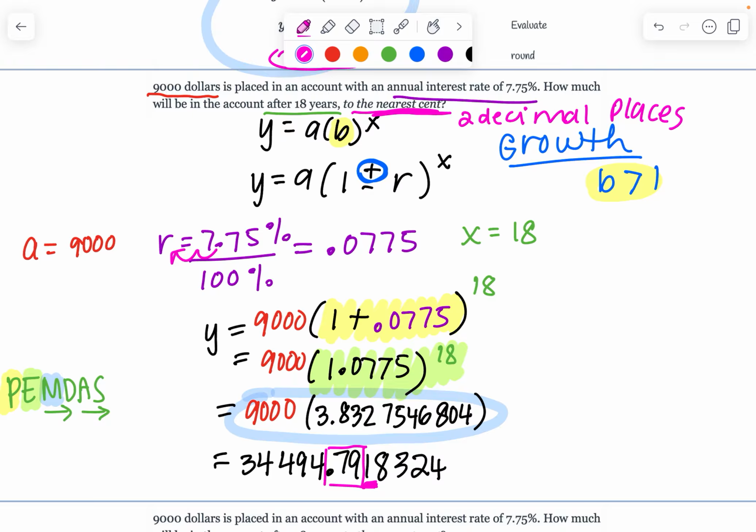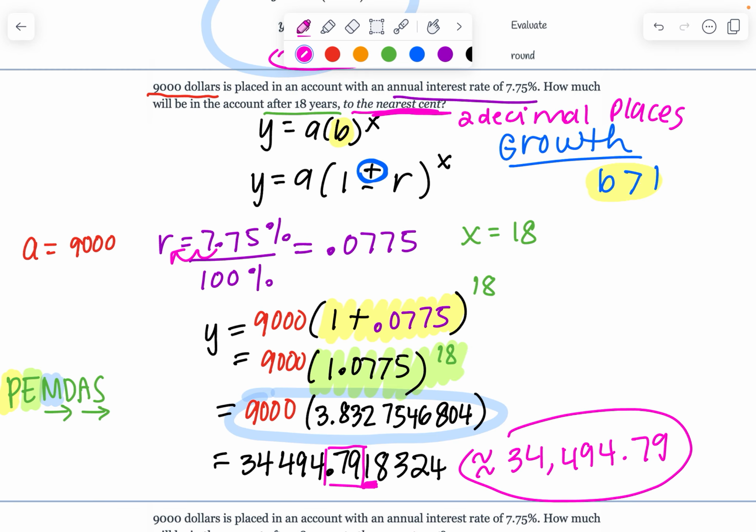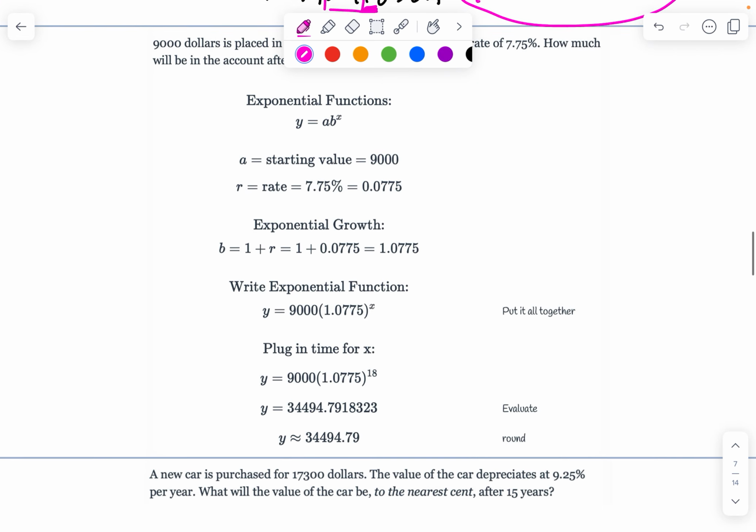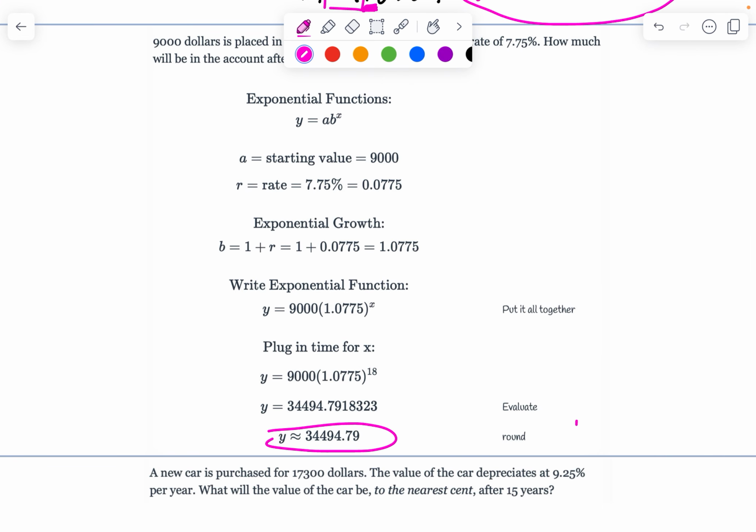Since the number to the right of it is less than 5, I'm going to keep it 79 cents. If the number to the right was bigger than that, I would round it up to 80 cents. So my amount should be $34,494.79. Let's check with the solution. Sure is. And I would get this right.